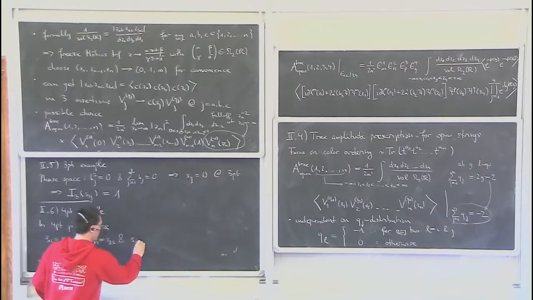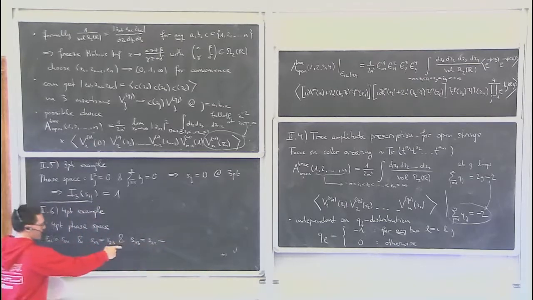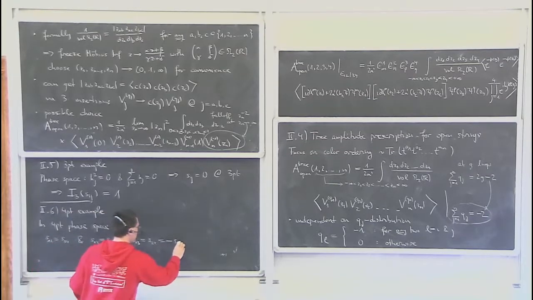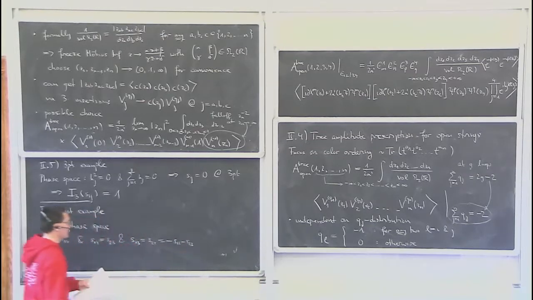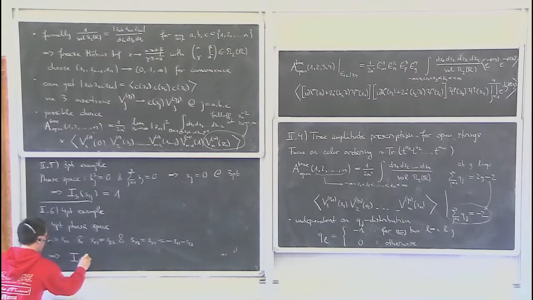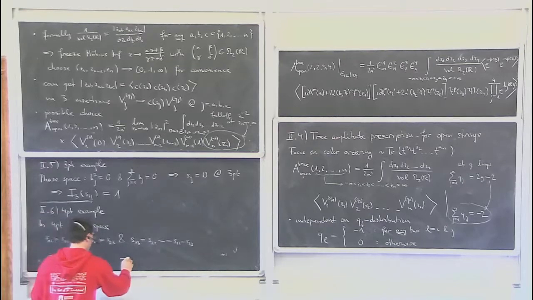Where you have to work a little bit harder is the s13 and s24, to express those guys in terms of s12 and s23. So in total these should be 4 relations for 6 Mandelstams, leaving you with 2 independent ones, for instance, s12 and s23. And with these relations, we can bring the Koba-Nielsen factor in the following pleasant form.